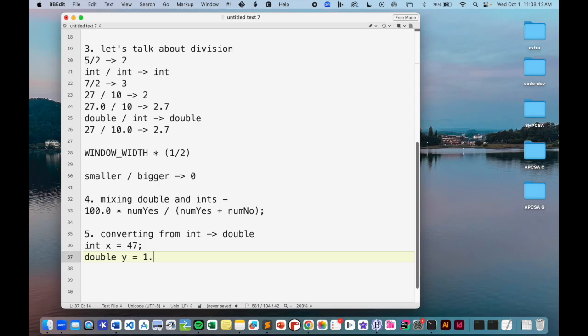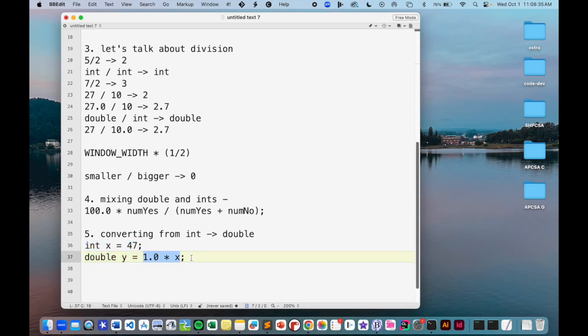I could do this, 1.0 times x. Now, weirdly, in this scenario, you don't actually need to do this. I can just say double y equals x, and it'll put x kind of in the box for a double and make it into a double.